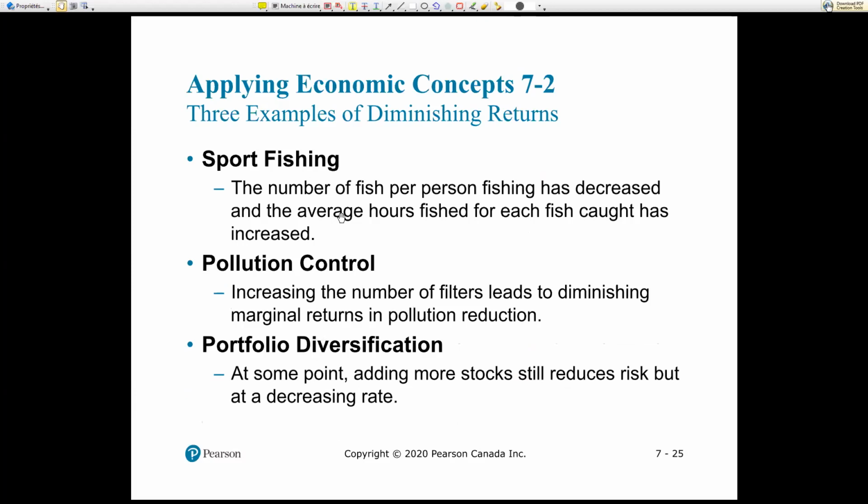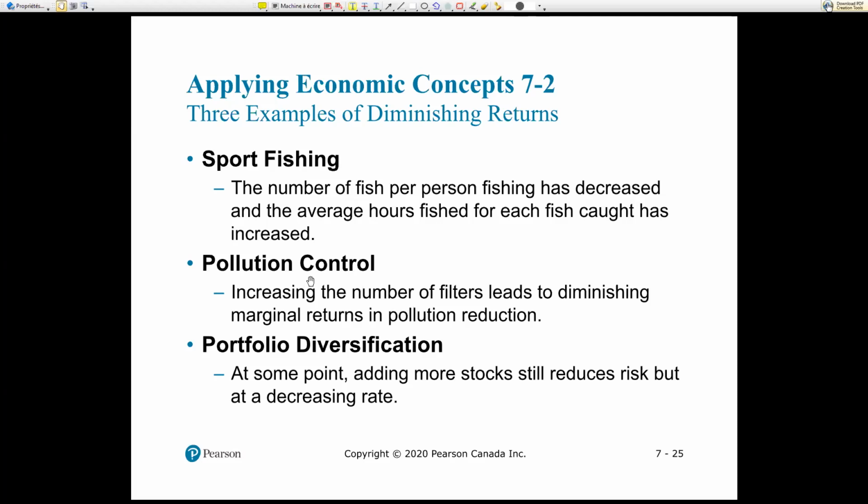Examples of this: sport fishing. The average number of fish per person decreases as more people fish. Why? Because at some point you don't have a lot of things to work with, and there are fewer fish that you can catch anyway. Pollution control.